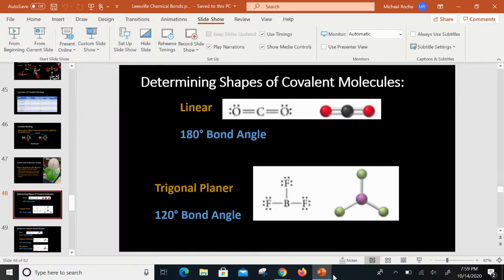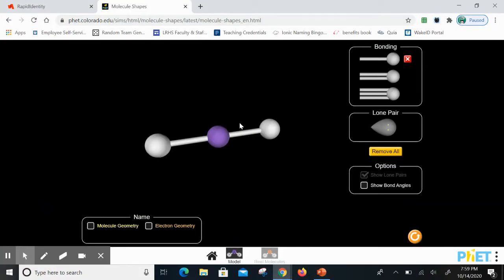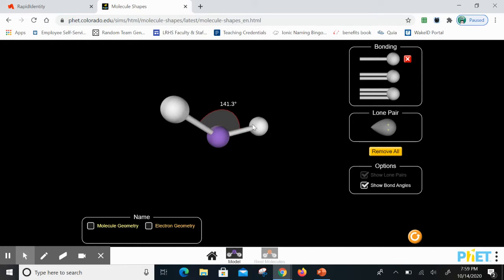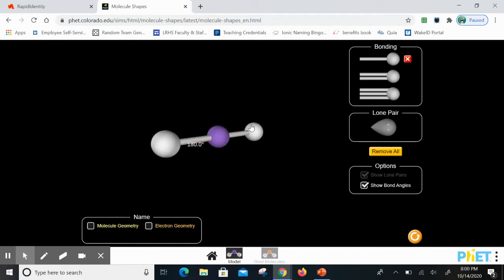So let's take a look real quick at this in this situation. So here's linear, okay, and you can play with this. Everything's in a line. Your angle's 180 degrees. If you try to get them closer, they don't want to. They resist and go back to 180 degrees. Okay.